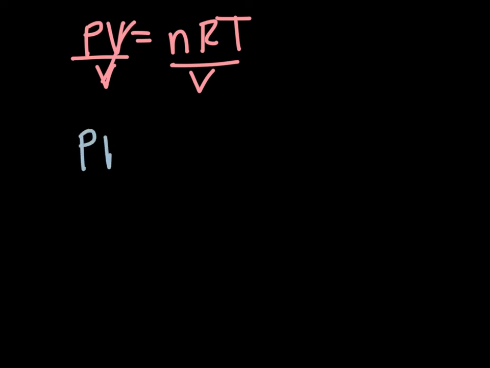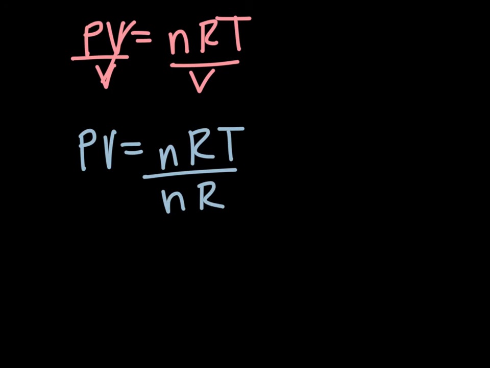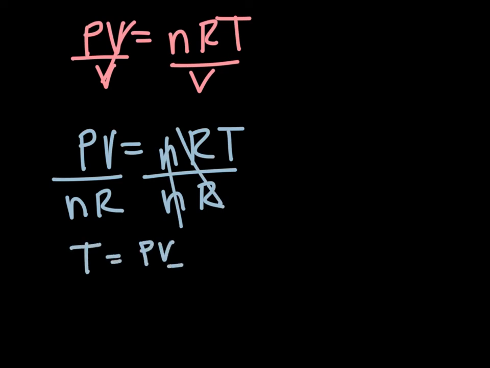Well, let's see. PV equals nRT. If you're looking for temperature, you're going to divide both sides by nR, right? This is where your algebra skills really come into play. So T is equal to PV over nR.